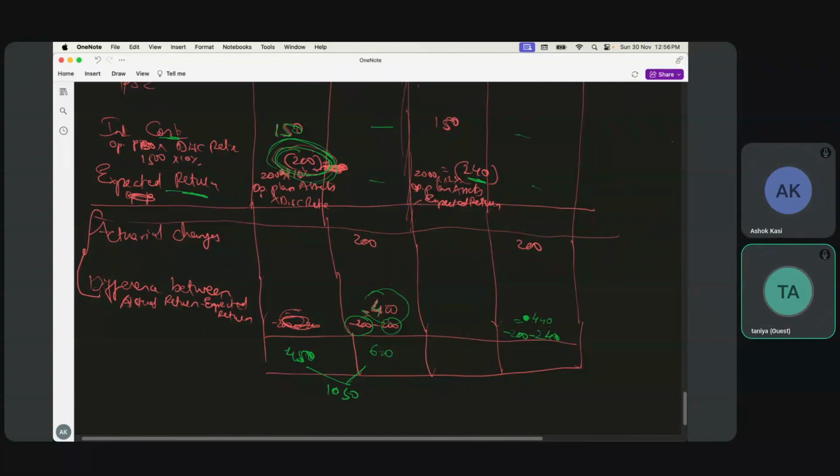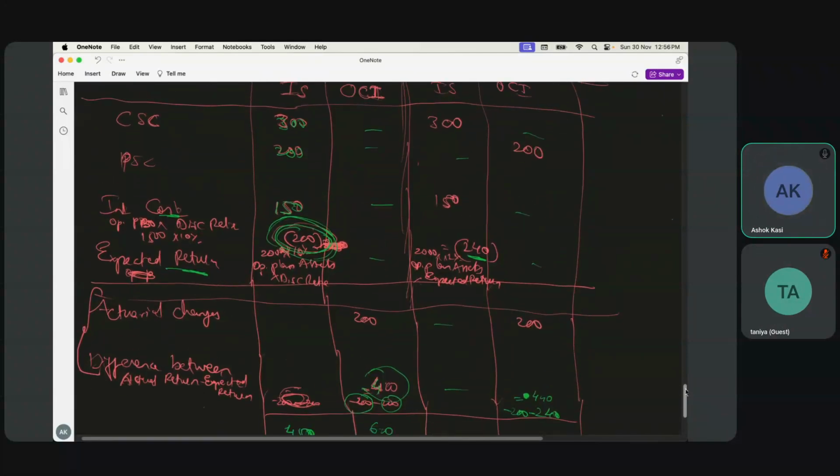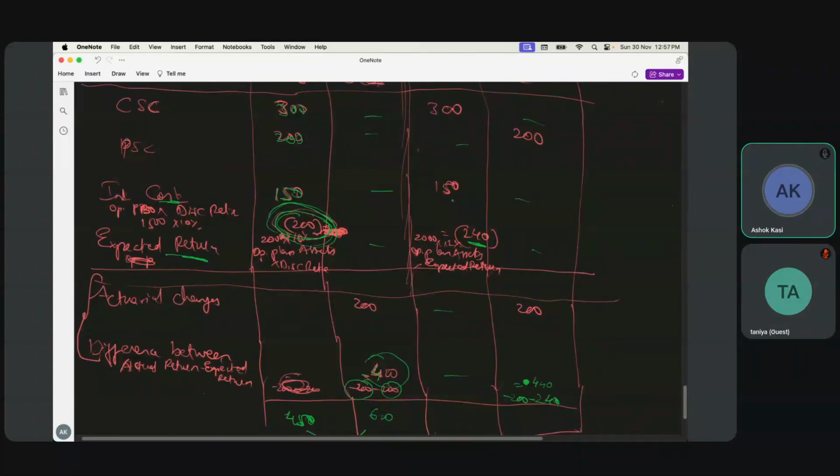Similarly, now you calculate here. So it's 210. Then 840.